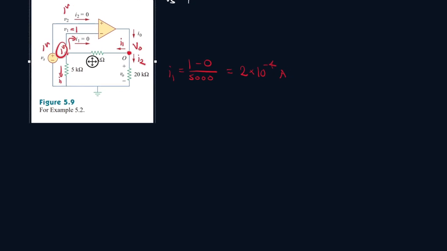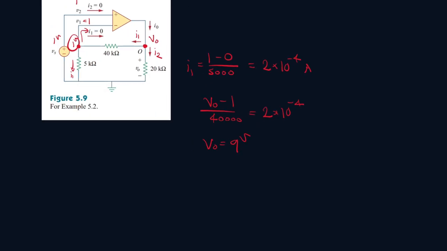So we see VO minus 1 volt all over 40,000 also equals I1, and we know I1 is 2 times 10 to the power of minus 4. So VO will be equal to 9 volts. Okay? And now we can find VO over VS. VO over VS will be equal to 9 over 1, which will just be 9.